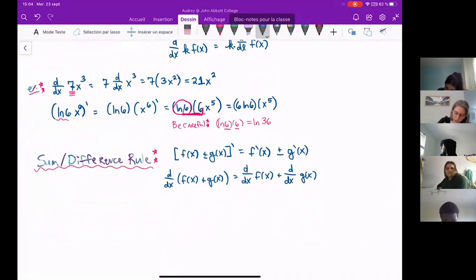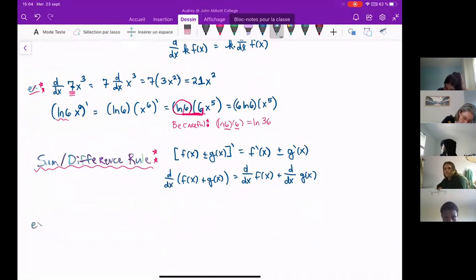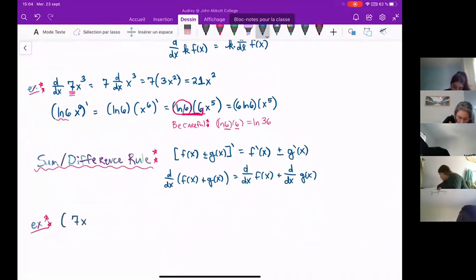So an example of this, just to make sure that we understand what this means, is that if I have the derivative of, for example, 7x squared plus 3x cubed plus 5, then I can just do each of those derivatives separately.